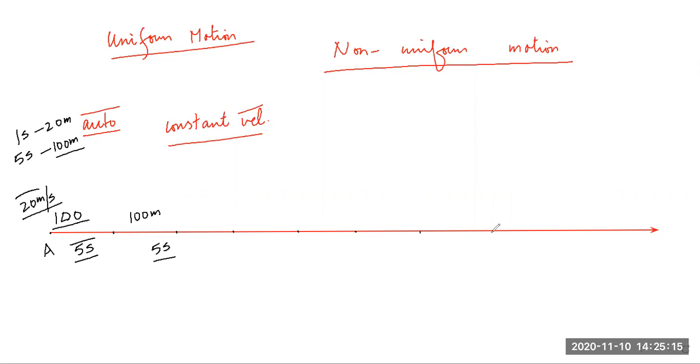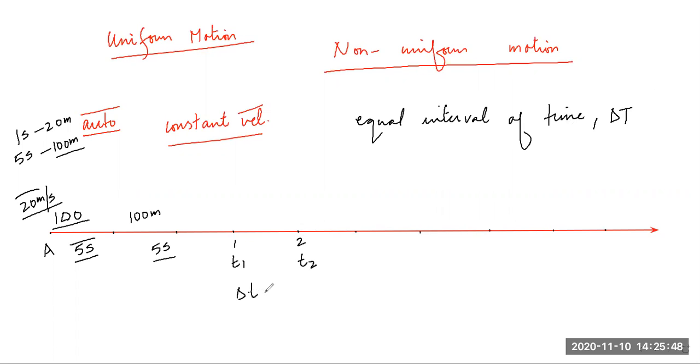This complete distance the auto has covered in equal intervals of time. We can say interval of time is delta t. Delta t means, let's say this point is 2, this point is 1, so time here is t2 and time here is t1.